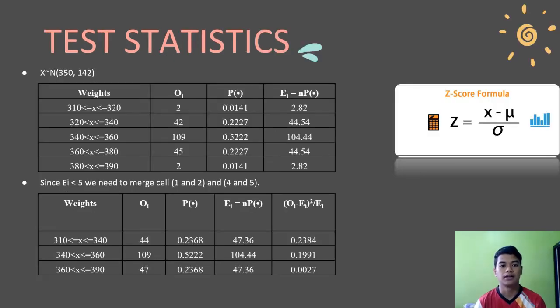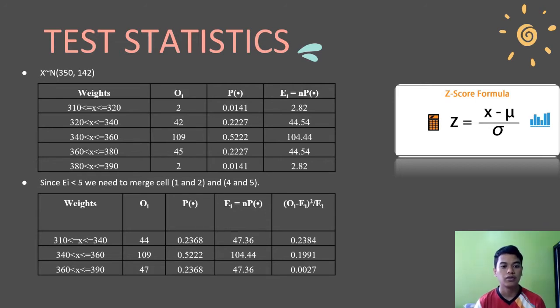Okay, from the data given, we have categorized the weight into 5 ranges, which is 310 to 320, we get 2, and 320 to 340 we get 42, and so on.